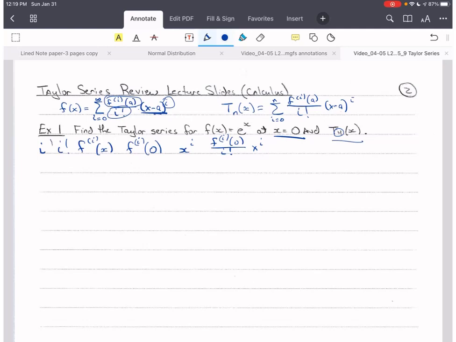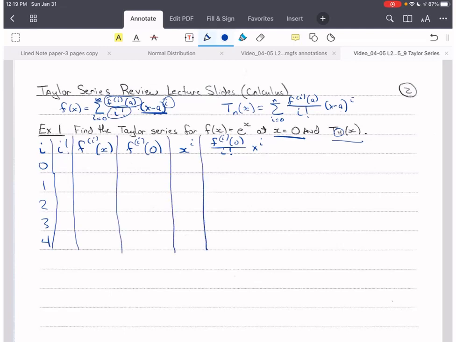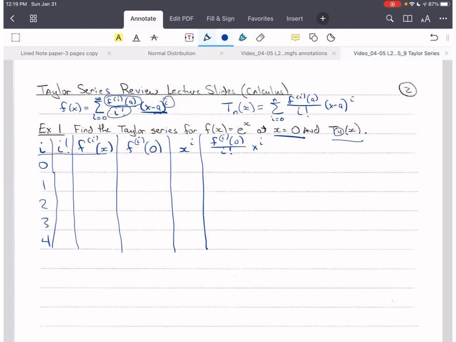All right, so how many do I have? 2, 3, 4, 5, I think. 0, 1, 2, 3, 4. So I only need to go to 4 there. And this table is going to help me do this much easier than if I just tried to write it all out in terms.